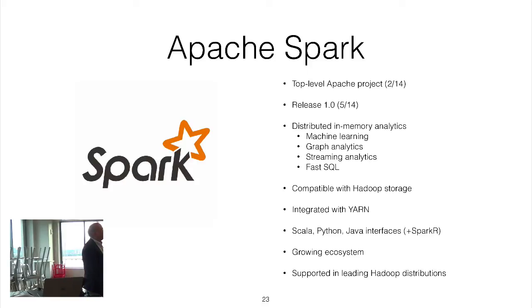Growing ecosystem, it seems like every day there's new announcements. Alpine, MicroStrategy are all now certified on Spark. And it's supported in leading Hadoop distributions. Now, what do I mean by that?